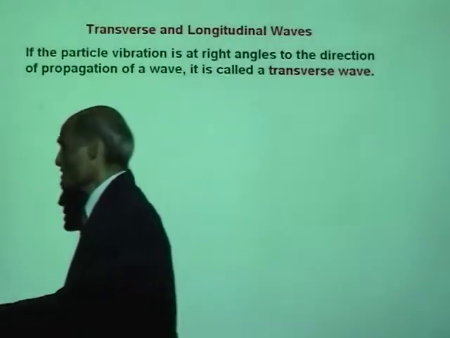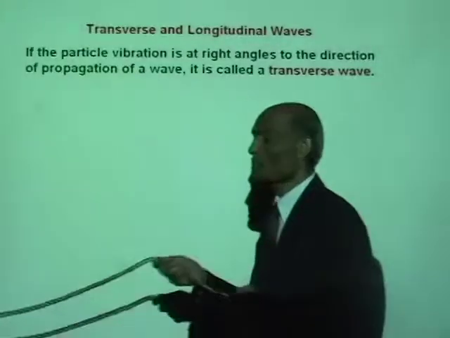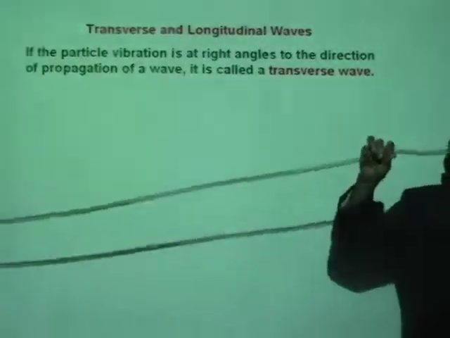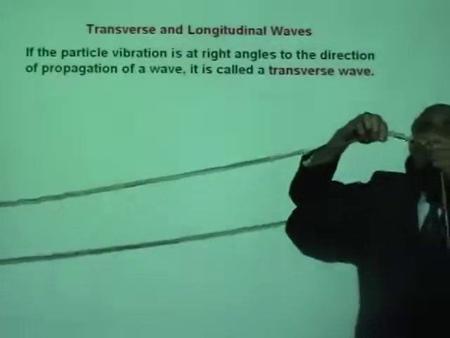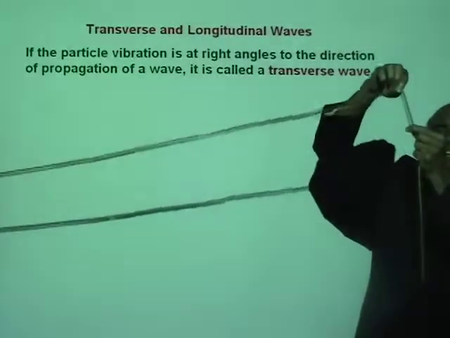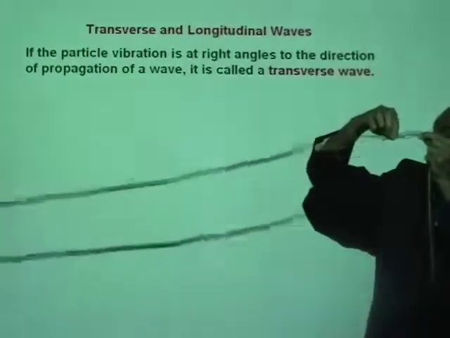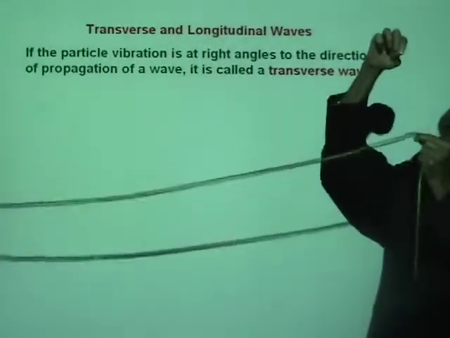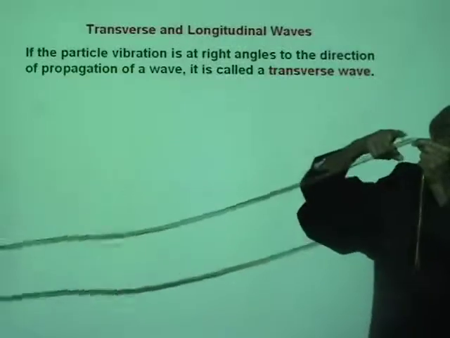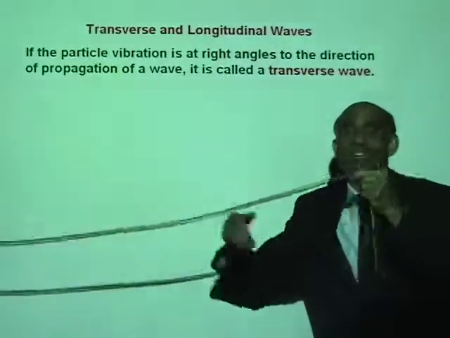This is the same kind of wave we generated on this spring, if you watch this one. What I did here is I pulled the particle so that it is set into vibration up and down. Look at this. The particle is set into vibration up and down, and the energy goes along the length of the string.